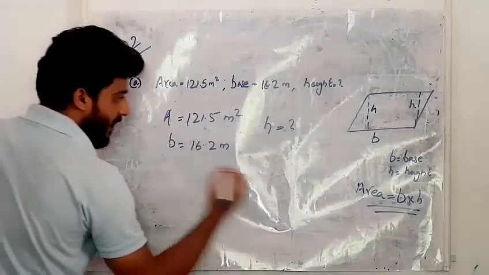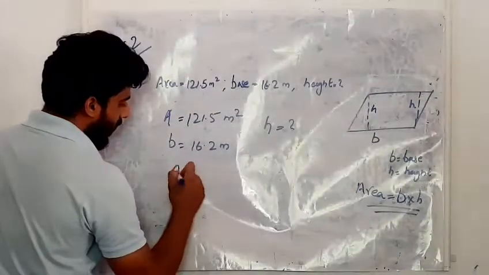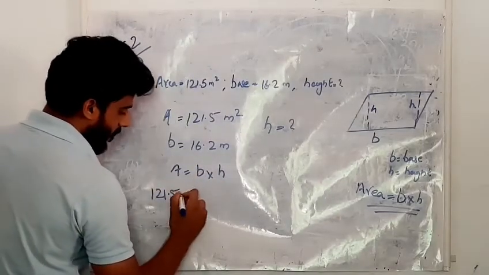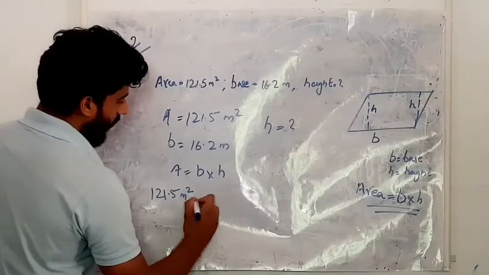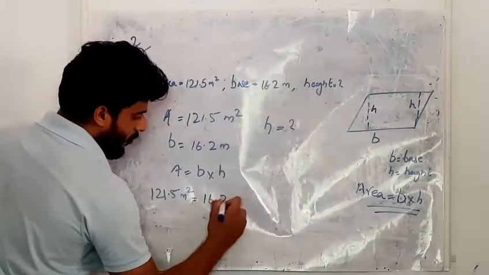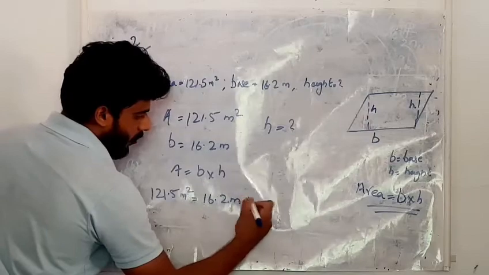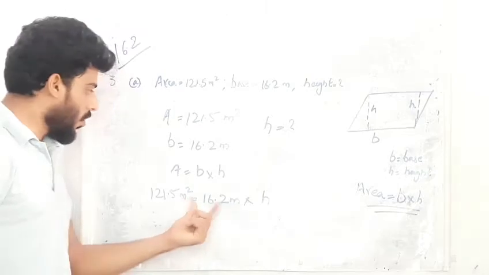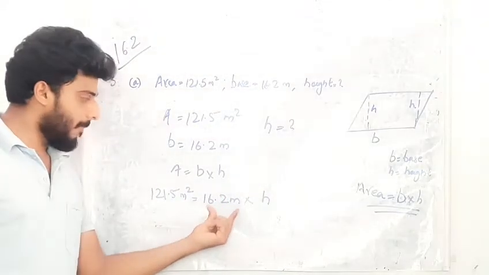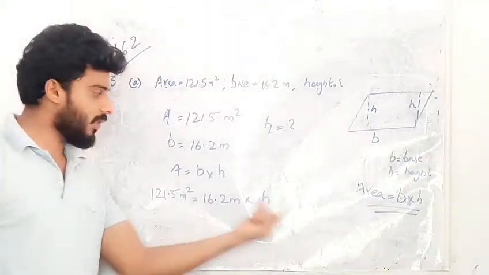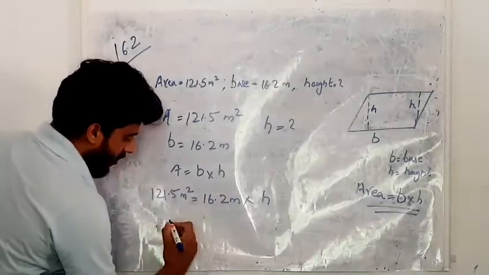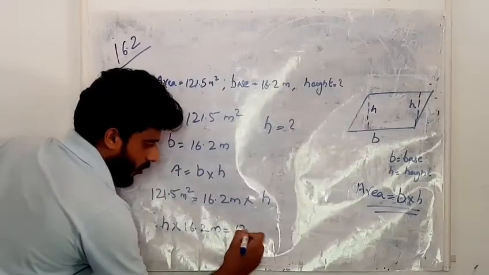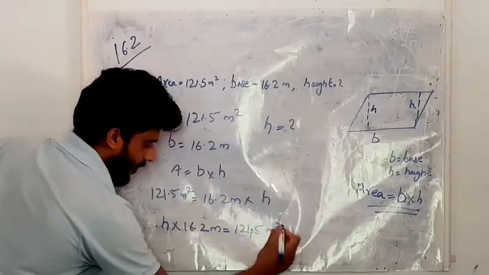Substituting, 121.5 meter square is equal to 16.2 meter into H. To find H, we move 16.2 meter to the other side, so the multiplication becomes division.